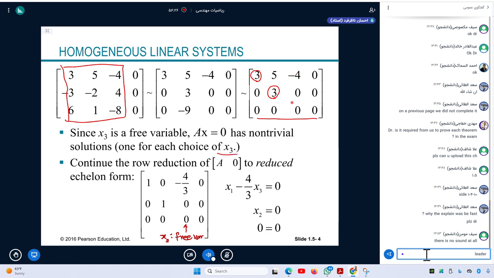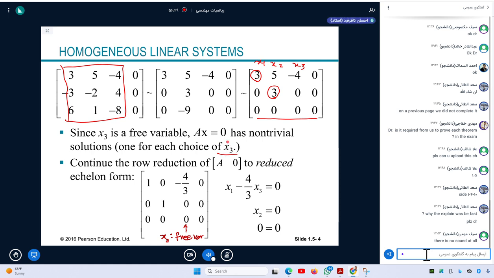So this is x1, this is x2, and this is x3, I mean the first column, the second column, and the third column. This means that x1 and x2 are basic variables, and the third one, x3, is a free variable.